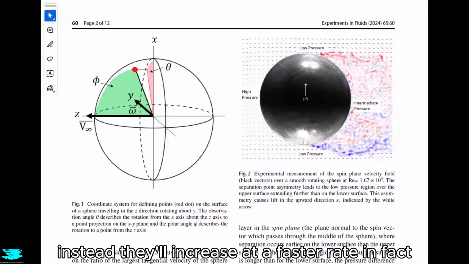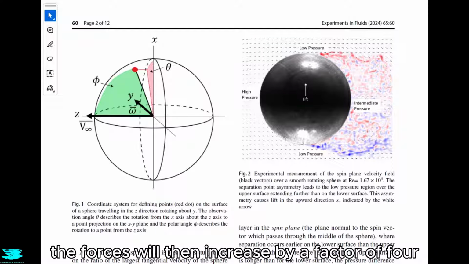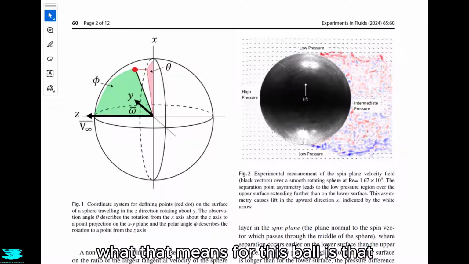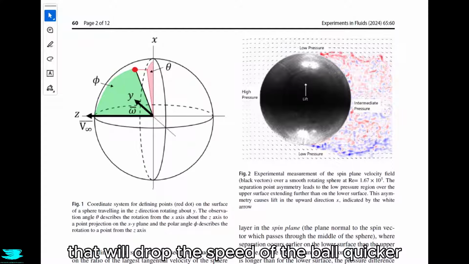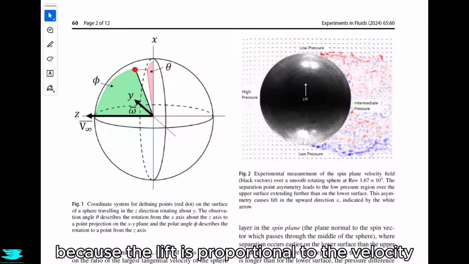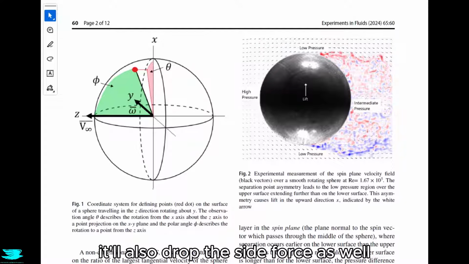Instead, they'll increase at a faster rate. In fact, if you double the speed, the forces will then increase by a factor of 4. What that means for this ball is that if the drag on the ball is high, that will drop the speed of the ball quicker, and that will reduce the lift on the ball even more because the lift is proportional to the velocity squared as well. It'll also drop the side force as well.